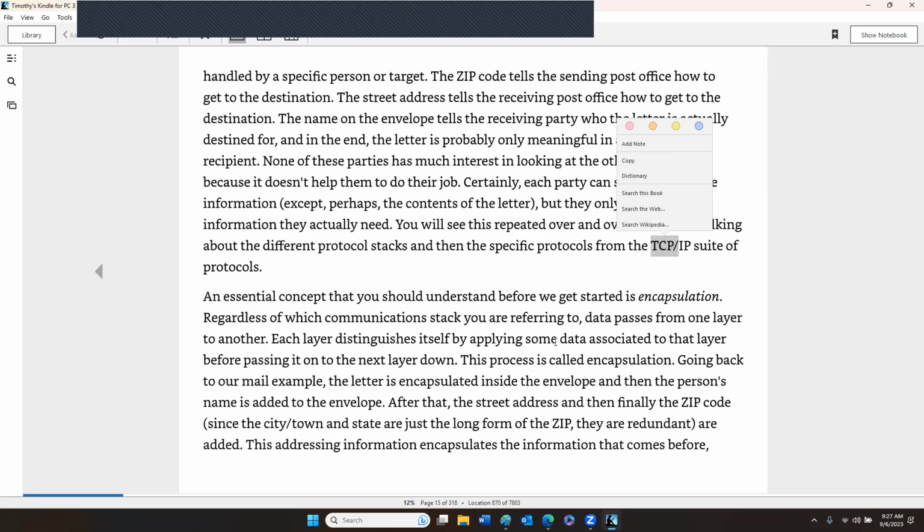Now, a model is a framework. It's not a specific protocol suite. And protocol suites are based on models. So a model is conceptual, but a protocol suite is an on-the-ground implementation of that model for a specific set of hardware and device and networking issues, right? So I want to call out the idea that a model is not the same as a protocol suite.